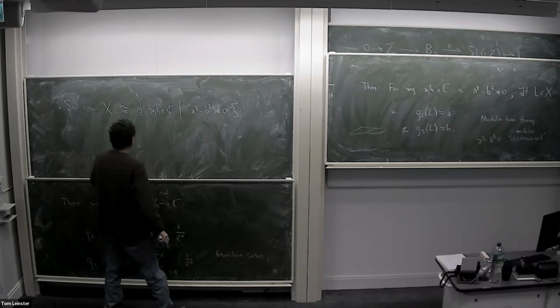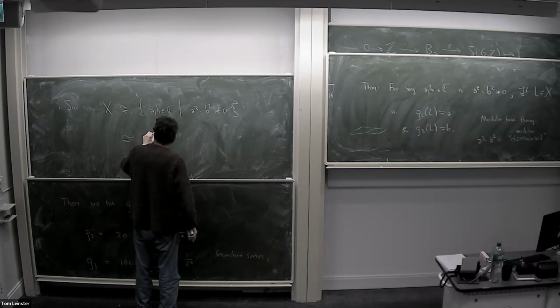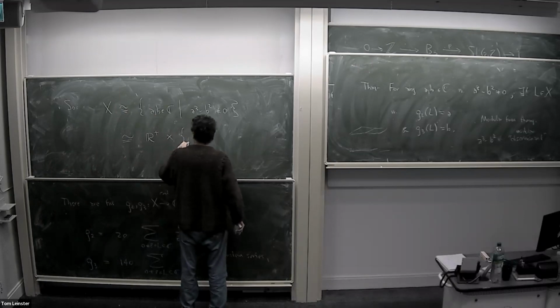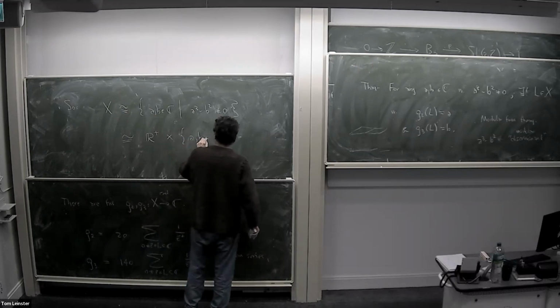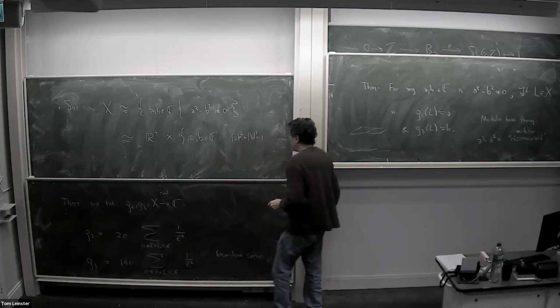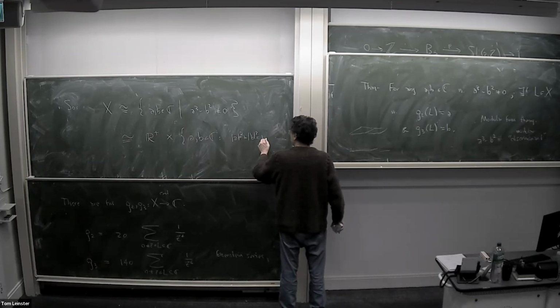And so this turns out to be diffeomorphic to R plus, the positive real numbers, times the smaller space where we demand that the pair of complex numbers lies in the unit sphere in C2.